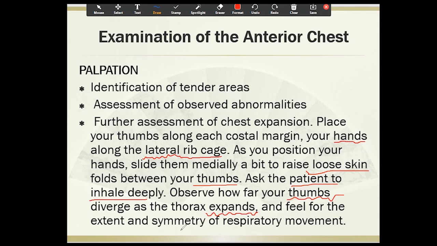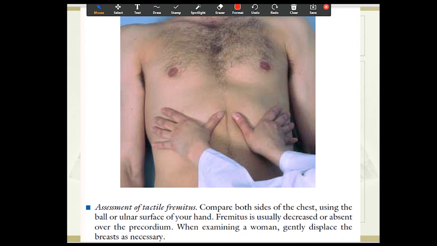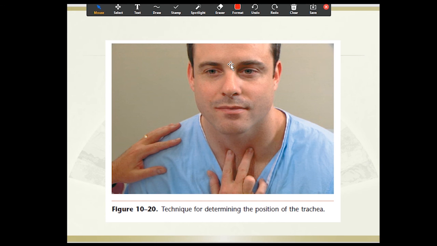We still expect both sides to be symmetrical, following the respiration movement. That's the palpation on one side.